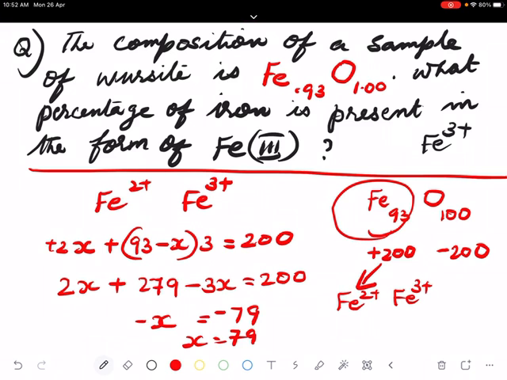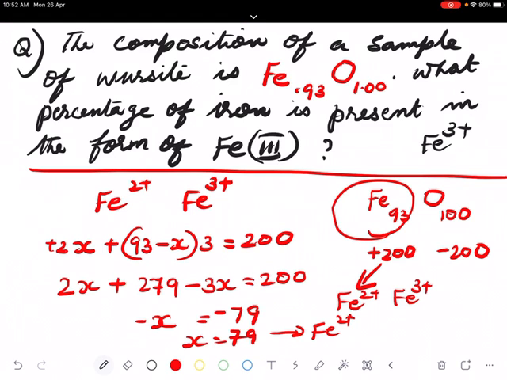So 79 accounts for Fe2 plus, right? So what percentage of iron is present in the form of Fe3 plus?